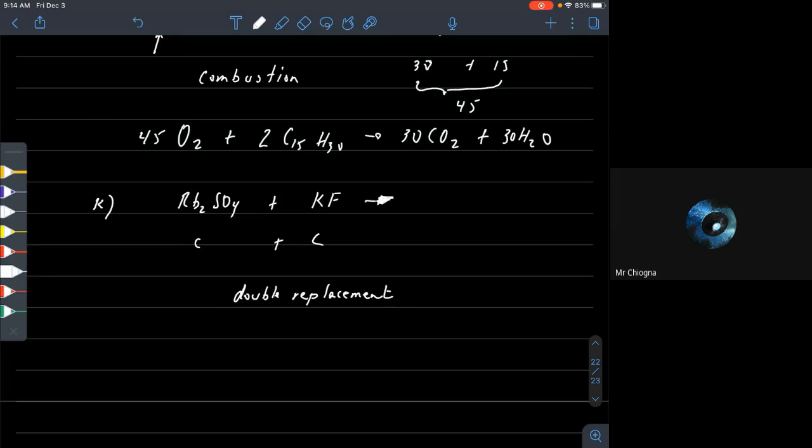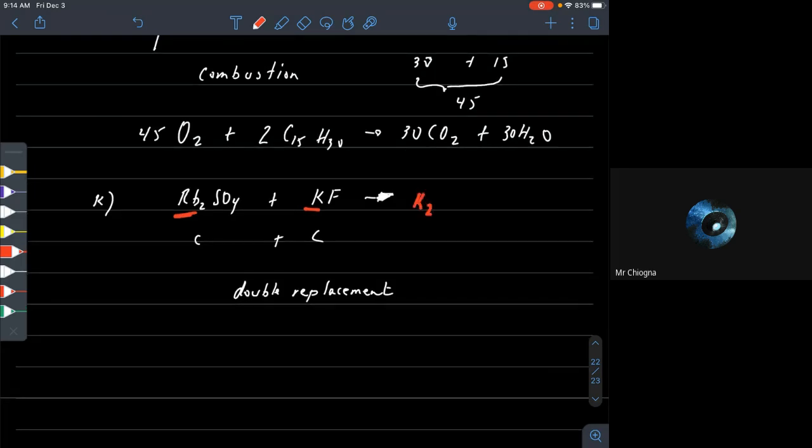Okay. So what happens with double replacement? The positive ions change places. Or you can think of it as a negative ion. It's easier just to look at the positive. So the K will replace the rubidium. So you will get K2SO4. And then the rubidium replaces the K. And then the rubidium, I think, is 1, right?